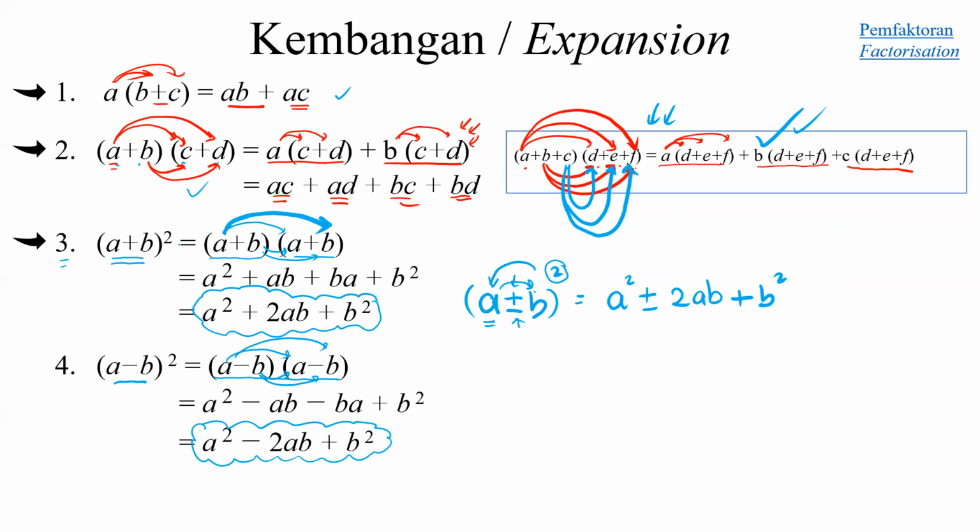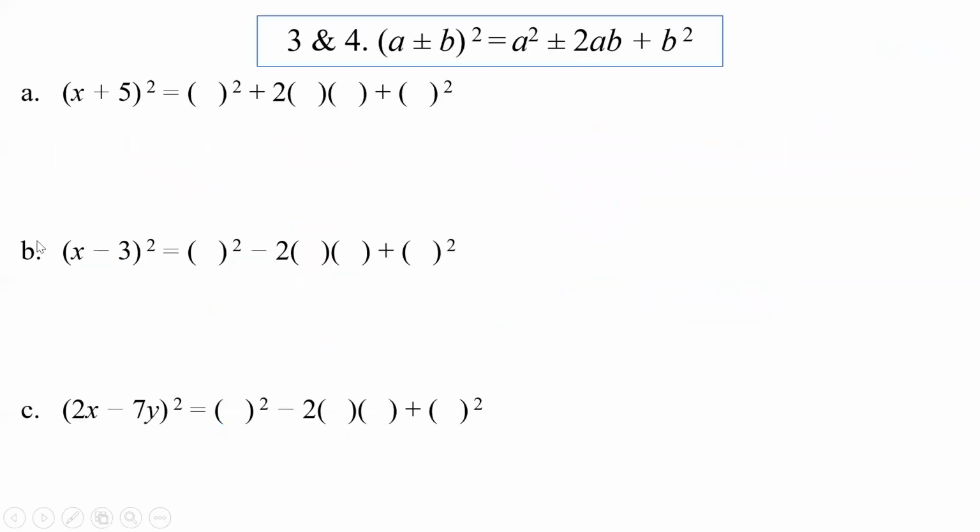Because when both are positive, positive b times positive b, you get positive b squared. Negative b times negative b, we still get back positive b squared. Therefore, we can deduce a formula like this, and we shall keep using this formula over and over. So let's move on to see what kind of questions we can apply this to and how we apply it.